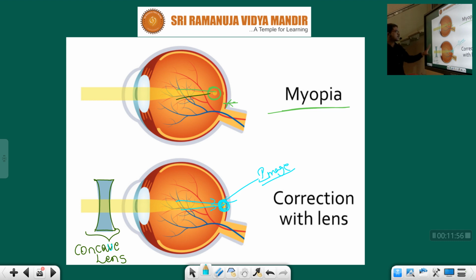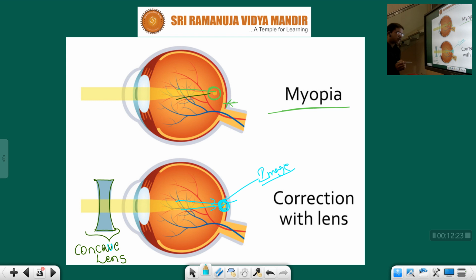So before keeping the concave lens, what happened, children? They were intersecting in front of the retina. After keeping this concave lens, they are intersecting exactly on that retina. But what are the specifications? What is the power of this concave lens? Regarding the power and the focal length, in previous lectures I explained how to adjust the power of the lens.